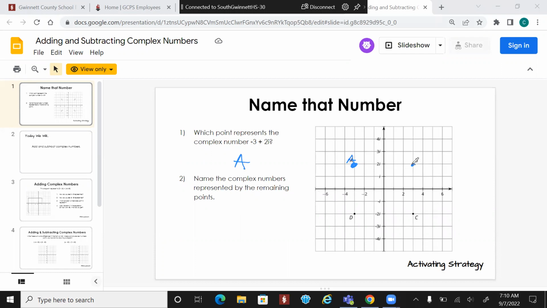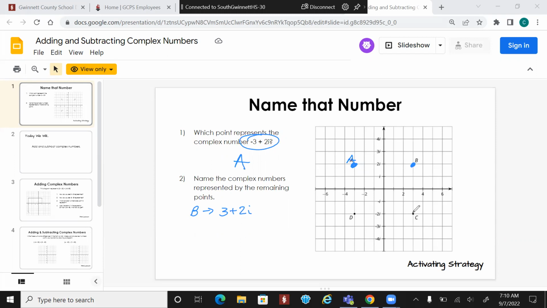Okay, name the complex numbers represented by the remaining points. So what is B? Can you name that? So just like how we did -3 plus 2i for A, what would B be? Three... 2i, right? Okay, we're on page 2.